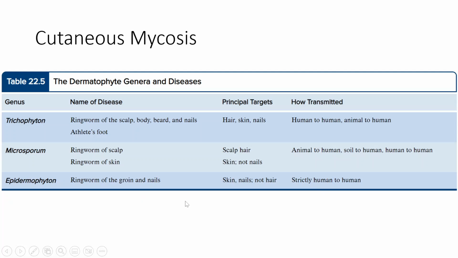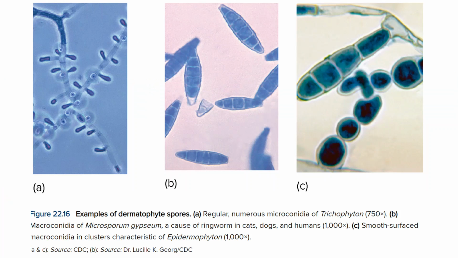So if your partner has a little bit of a ringworm down there, don't be messing down there until that's all cleared up, because you can get it too. And these are just different examples of them under the scope. This is what you typically look for, these different ringworm causing pathogens.